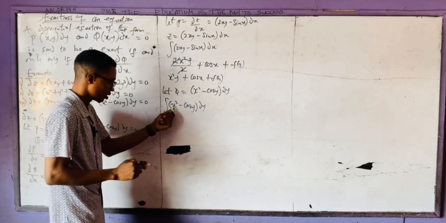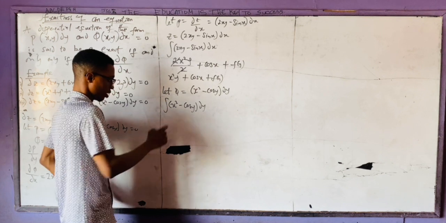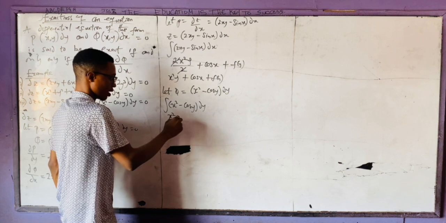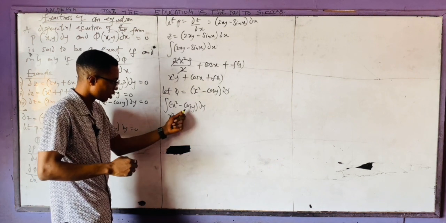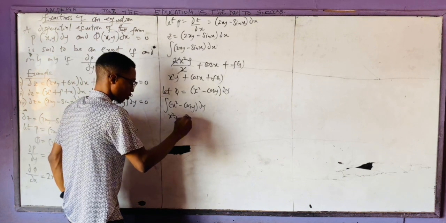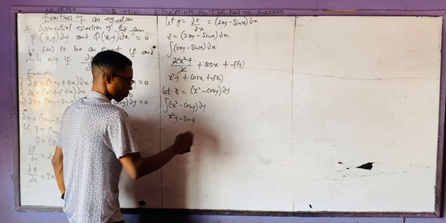So we need to integrate this with respect to y. If I integrate with respect to y, I'm going to have x squared y. If I integrate minus cos y with respect to y, I'm going to have minus sine y plus f of x.